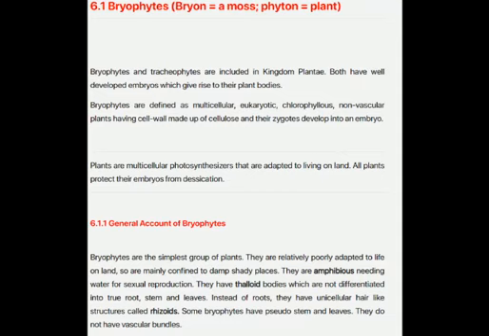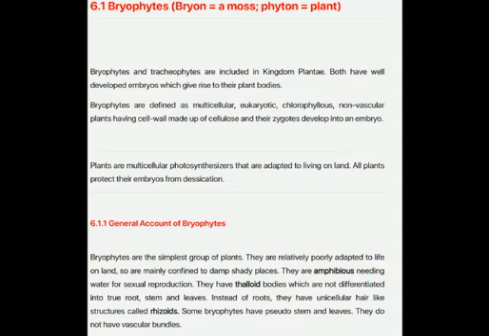Chlorophyllous means having chlorophyll or chloroplast. Then non-vascular, what does it mean? It means it has no vascular tissues. What are they? Xylem and phloem are not present in these plants. You know that in Brassica campestris, xylem and phloem are there.